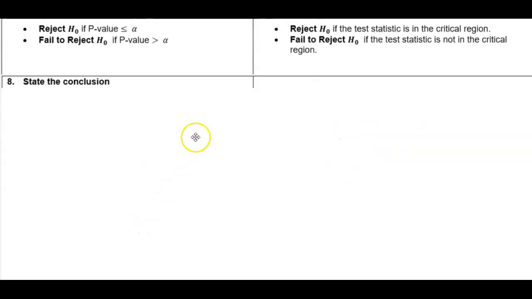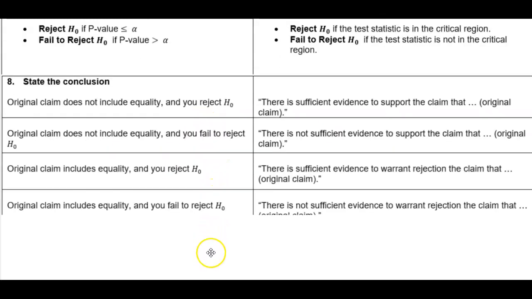And then number 8, you want to state the conclusion. If the original claim does not include equality and you reject the null hypothesis, you would state that there is sufficient evidence to support the claim that, followed by the original claim. If the original claim does not include equality and you fail to reject the null hypothesis, then you would state that there is not sufficient evidence to support the claim that, followed by the original claim.